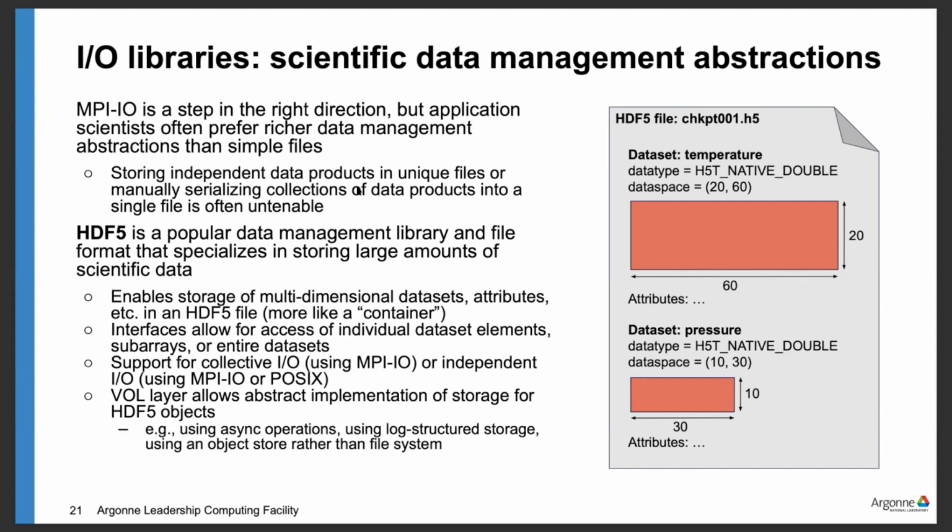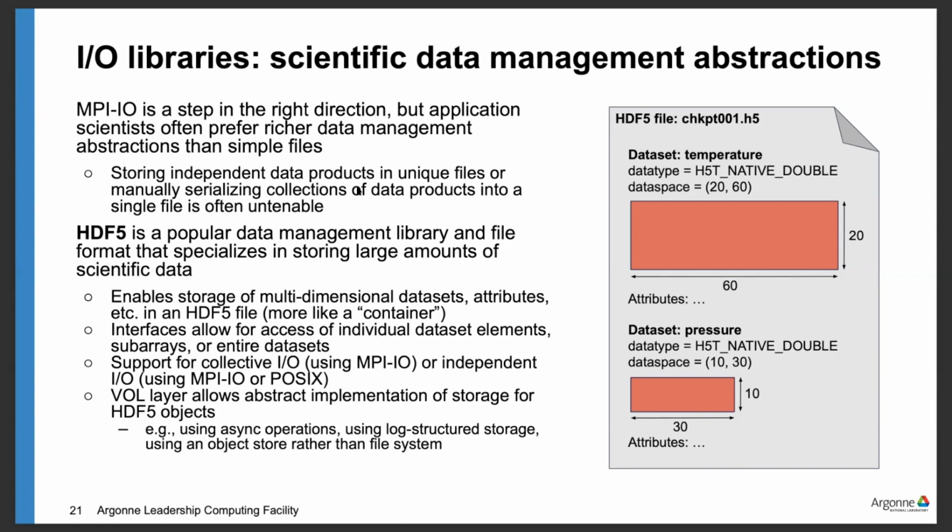They have support for collective I/O using MPI-IO, as you would hope and expect, and also independent I/O if that's useful. And there's also this VOL layer, which you maybe have heard about, that provides an abstraction layer for actually storing the underlying file data, whereas typically it just goes into raw files. You could use asynchronous operations in a VOL layer, or log-structured storage, or you could even have the VOL layer avoid files entirely and use an object store for storing your data.